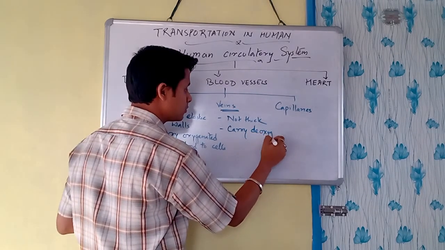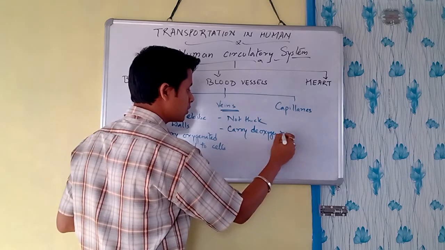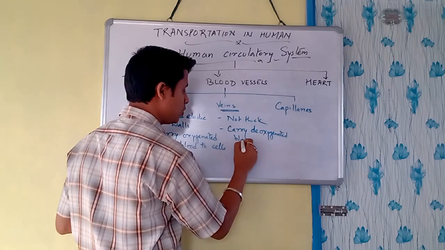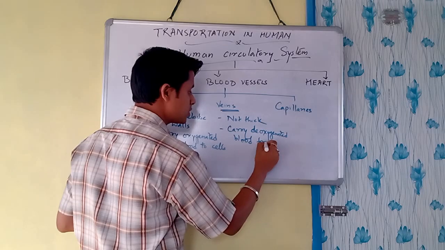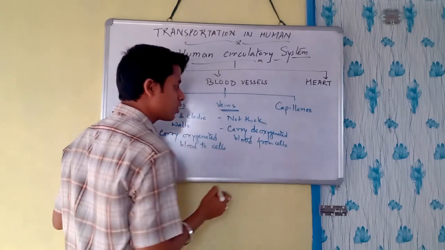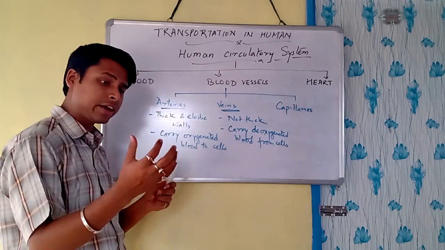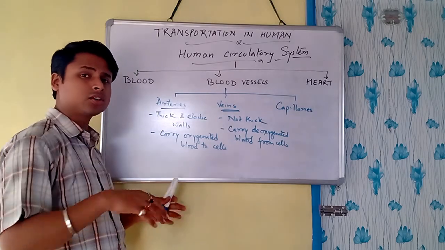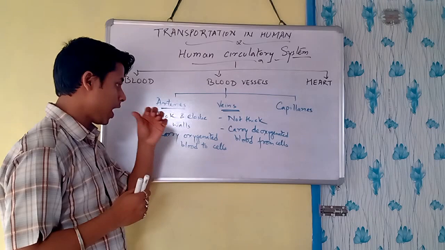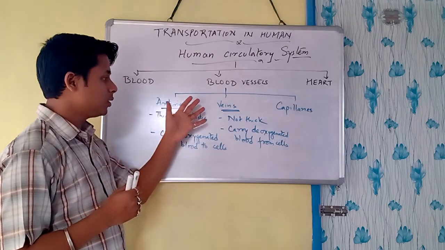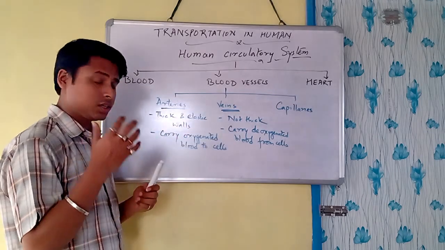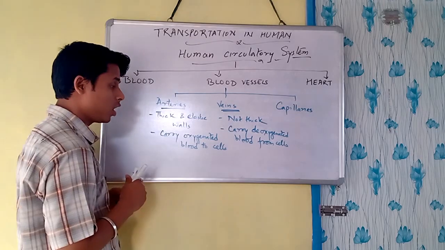They carry deoxygenated blood from the cells. So they are not getting the pressure from the heart. They bring it to the heart and then it goes to the lungs. That's why they do not have thick walls.